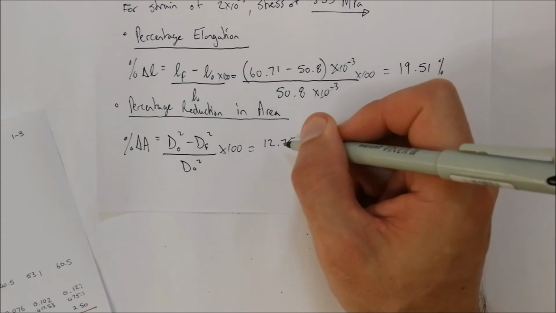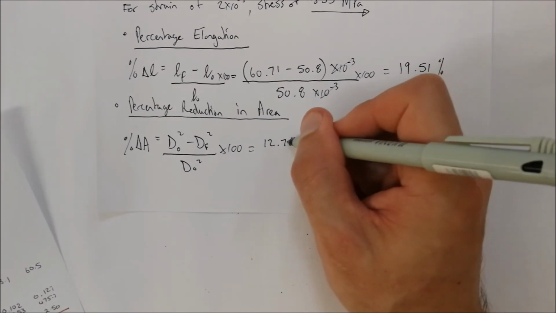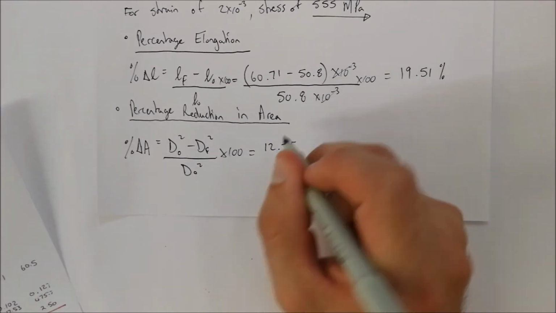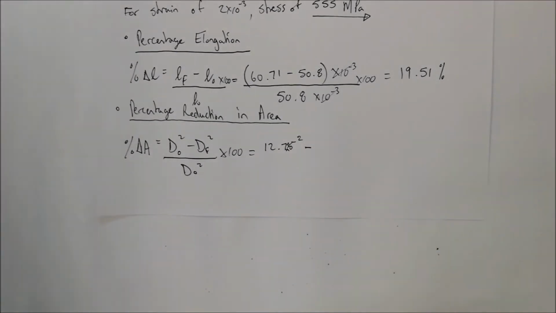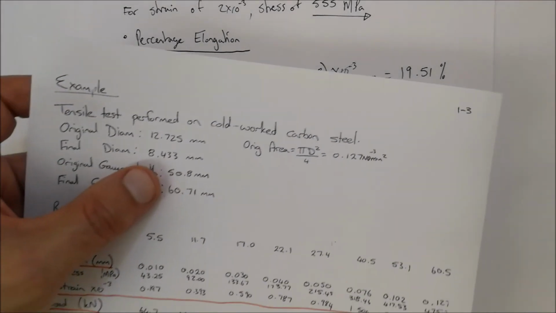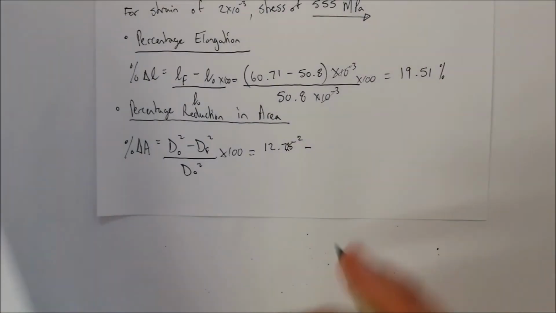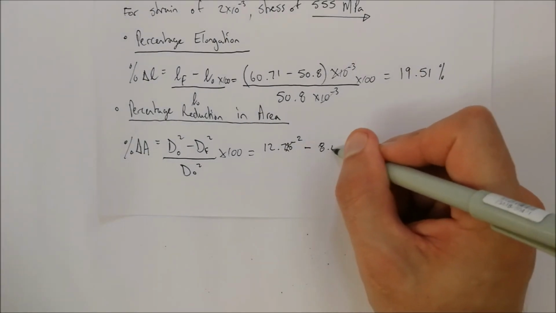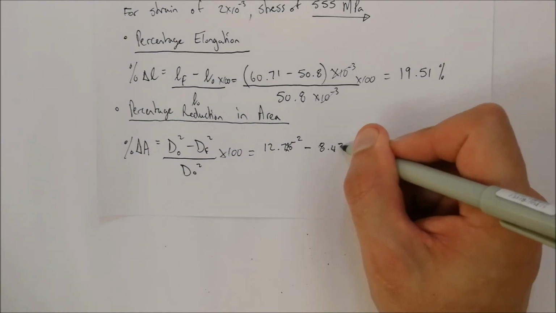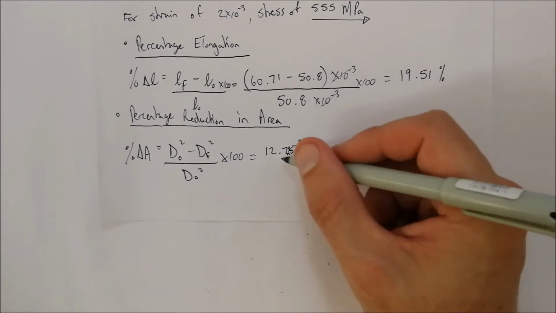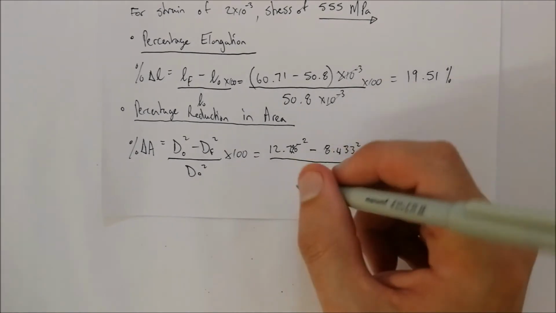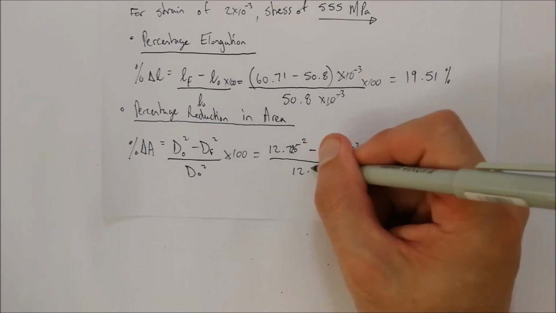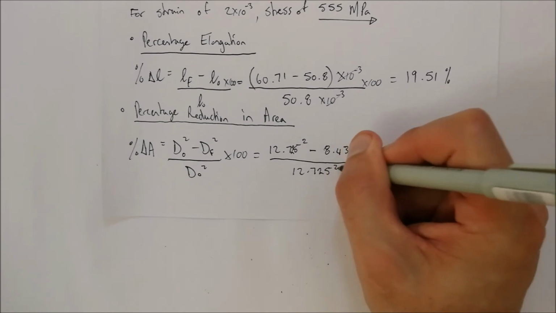So 12.725 millimeters, and that's all squared, minus the final diameter, which was 8.433 squared, and again divide that by the original, which is 12.725 squared.